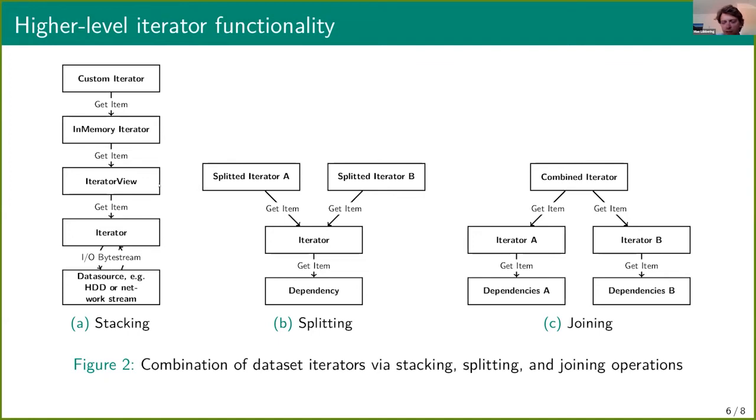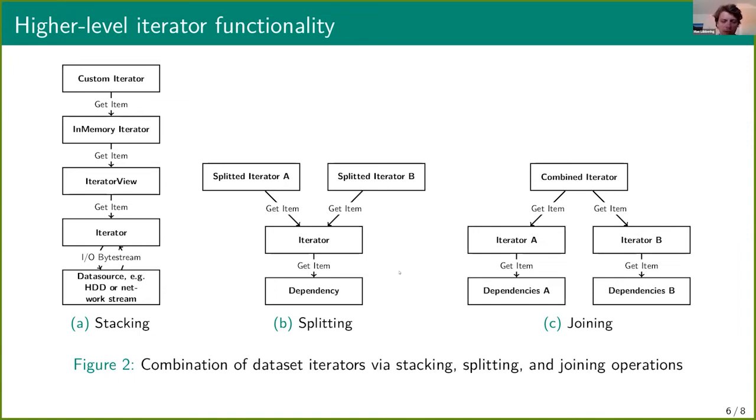And so by design, we can already filter certain samples only and don't have to iterate through all the samples that are within the base iterator. And then, for instance, we can have another iterator which loads everything into memory to make the iteration way faster. And then there can also be custom iterators that can be implemented by the user of our framework.